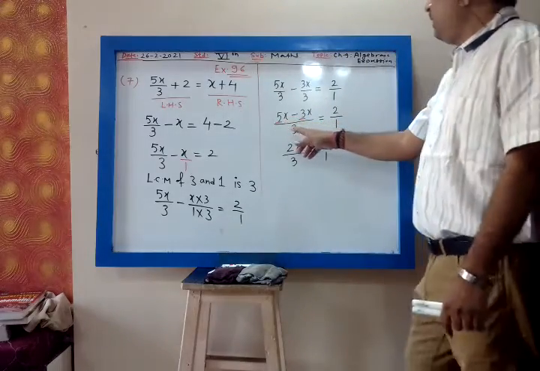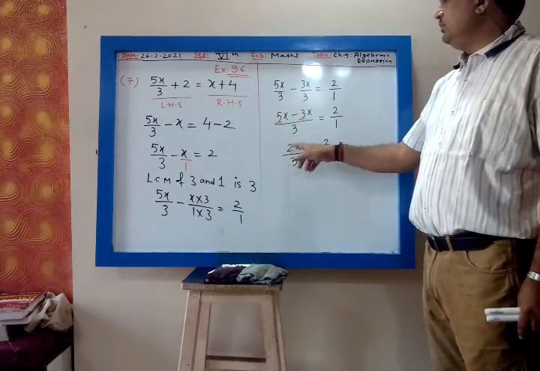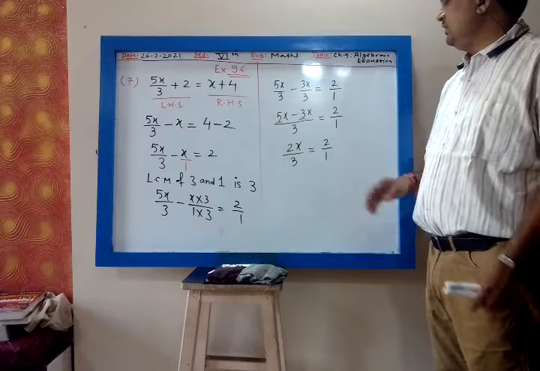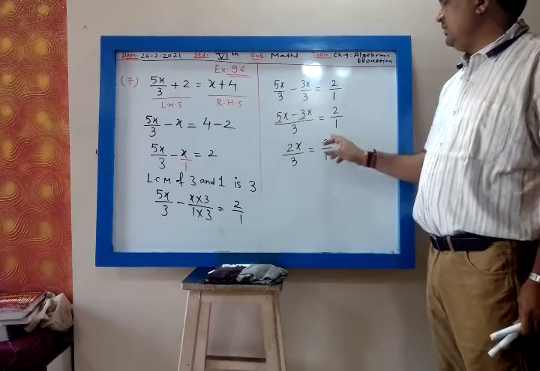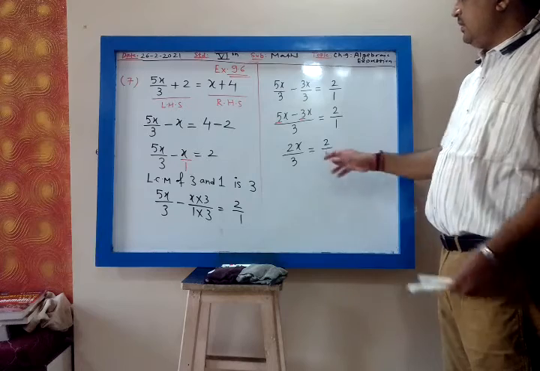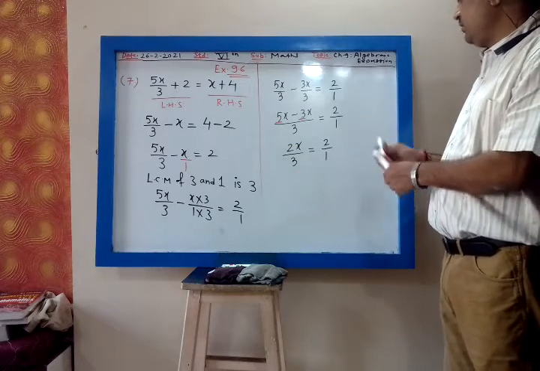Now 5 minus 3 is 2. So 5x minus 3x is 2x. Now 2x upon 3 is a fraction. 2 upon 1 is a fraction. Whenever there is equality of fraction, we cross multiply.